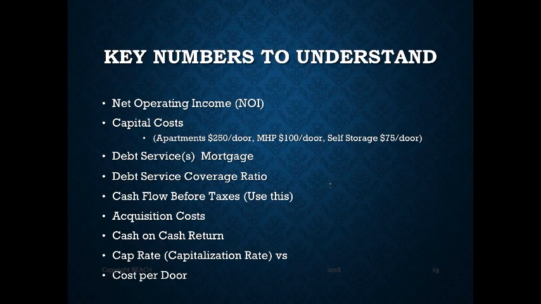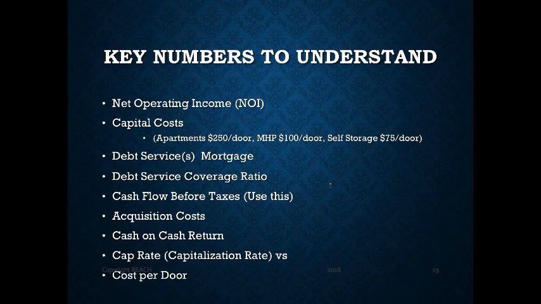These are just rough numbers, but for an apartment I'm going to be calculating about $250 a door, a mobile home park about $100 per home, and self-storage about $75. And actually self-storage can be a little bit less. You can be looking at $50 to $70 to $75.